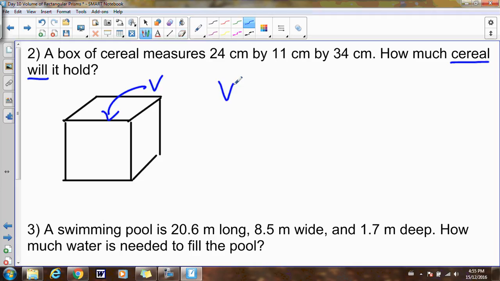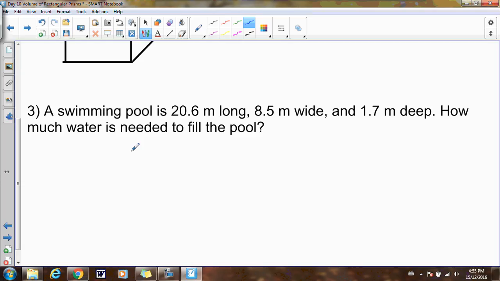So volume here is 24 multiplied by 11 multiplied by 34. You're going to get 8,976 centimeters cubed.